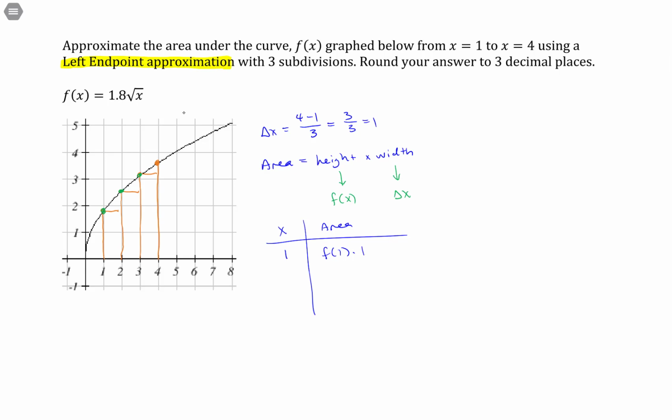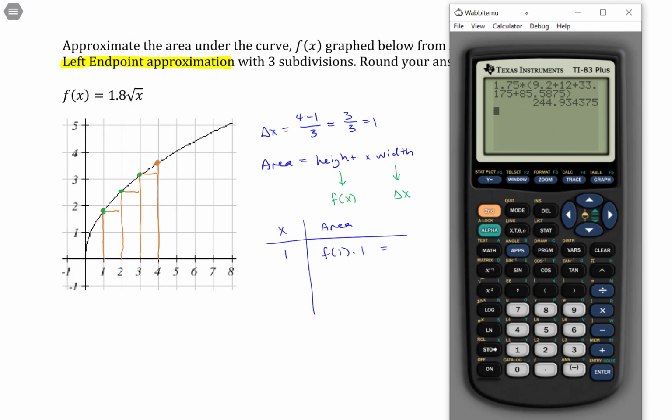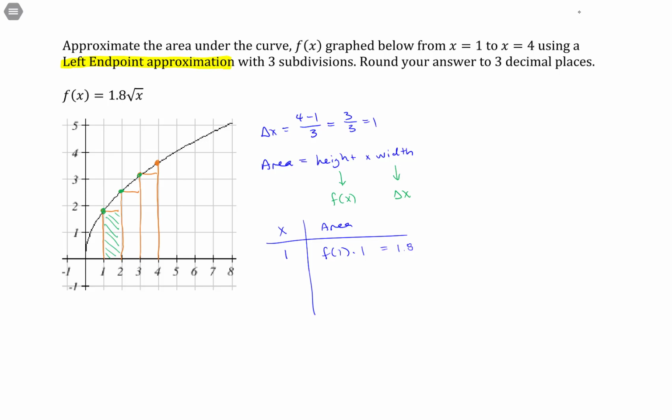So that is going to be 1.8 times the square root of 1, and then times 1. So that's f of 1 times 1. So we get 1.8. So the area of this first rectangle right here is 1.8 units of area.